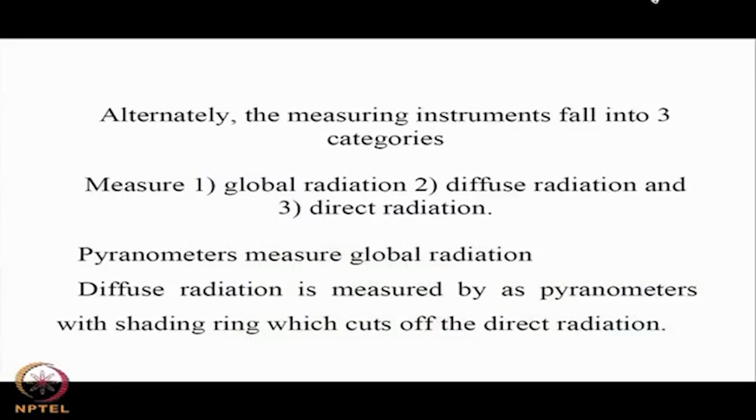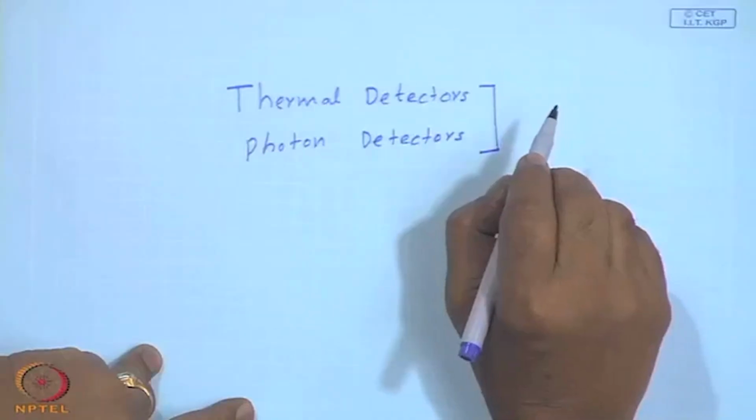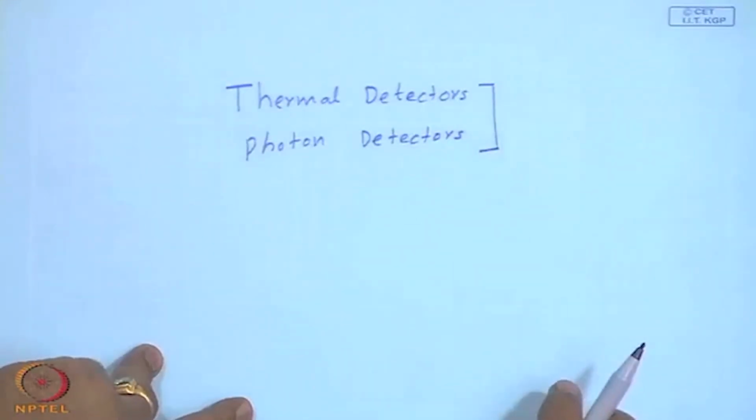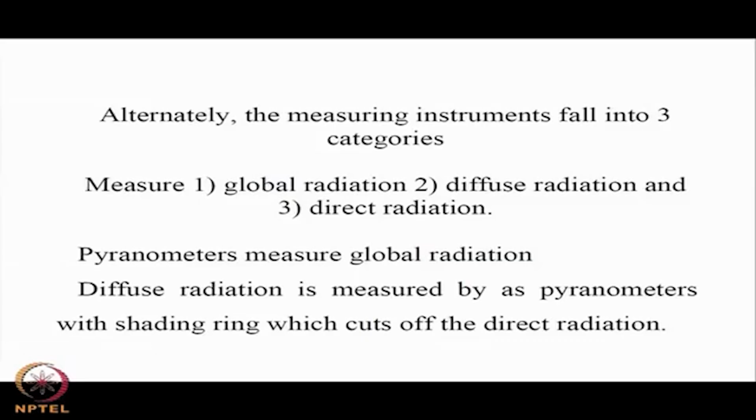The amount of voltage generated is an indication of the solar radiation incoming. Alternately, the measuring instruments also fall into three categories. In other words, first we classified based on the type of detector that is employed, and now depending upon the purpose or the component it measures, it falls into three categories.